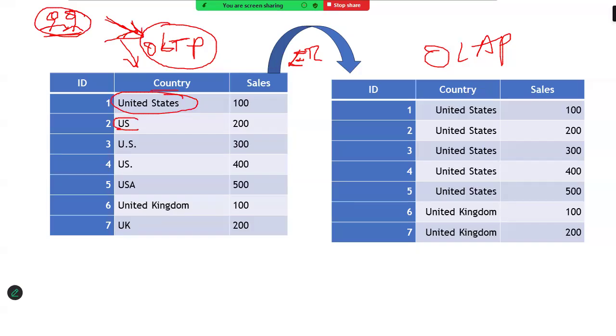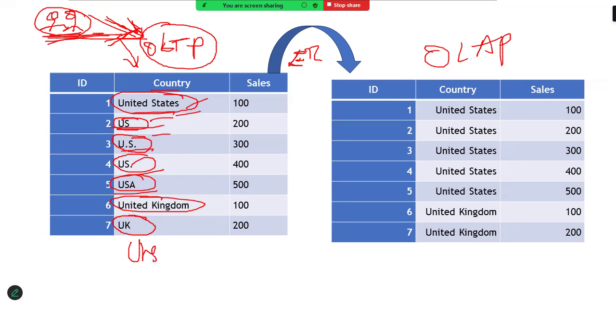The second customer writes US. The third writes U.S., USA. Each customer enters their country name in different formats. Different people might input the data in different ways. One person enters United Kingdom, another enters UK. So when the data is in different formats, we call it unstructured data. You have country-wise sales. Here in the OLTP, I see the data in the unstructured format.